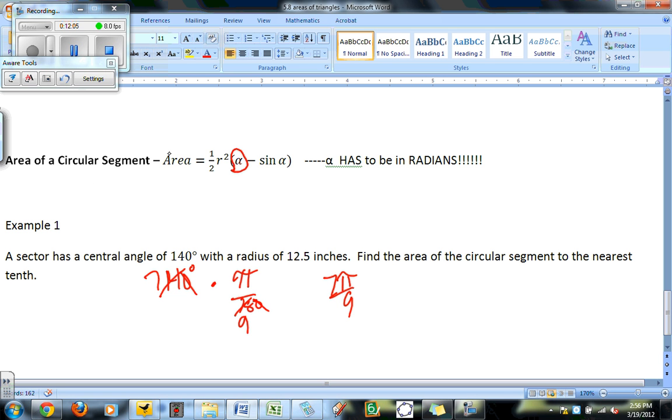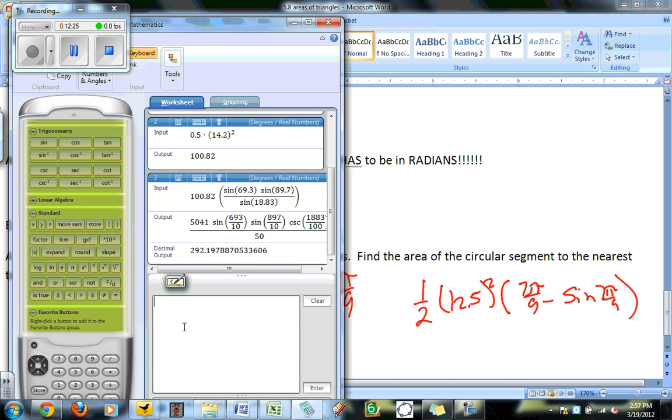Then to find my area, I'm going to have 1/2 times the radius squared, which is 12.5 squared, times 7 pi over 9 minus the sine of 7 pi over 9. We can type that into our calculator pretty easily, exactly how it looks.